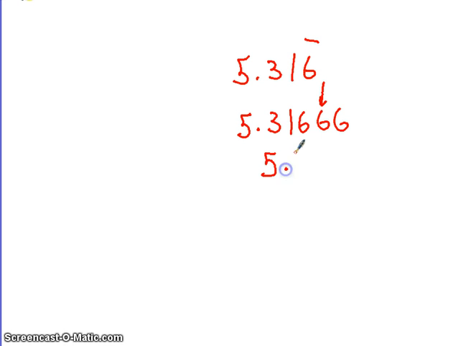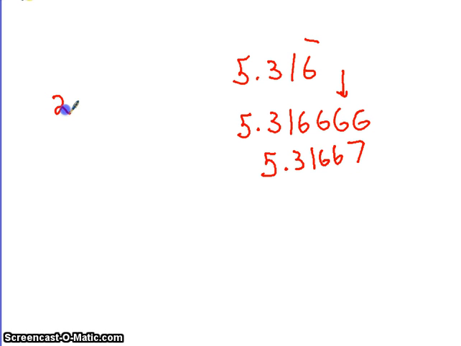So when I round it, I get 5.316. Whoa, I just messed up, didn't I? Let's fix my mistake. I said add 3 more, and I only added 2 more. So here's my target number, because I said 5 decimal places. Here's 4, and it's this number. The number after is 5 or more, so it's going to make it go up. So my last one's a 7.